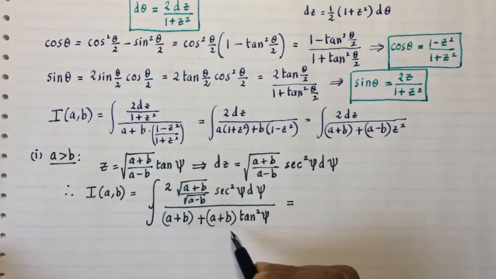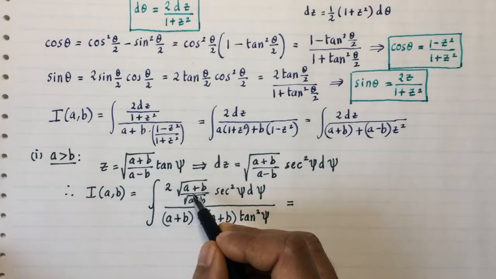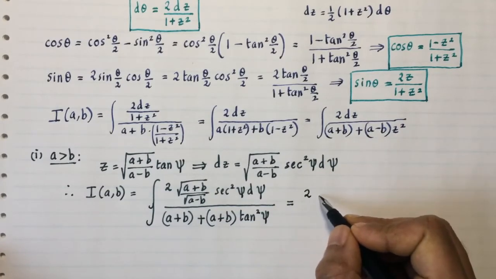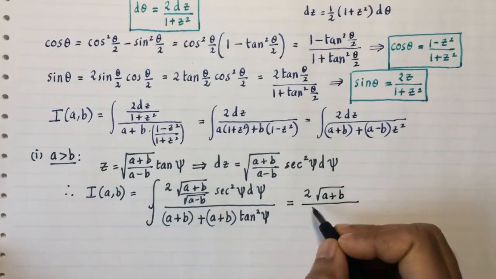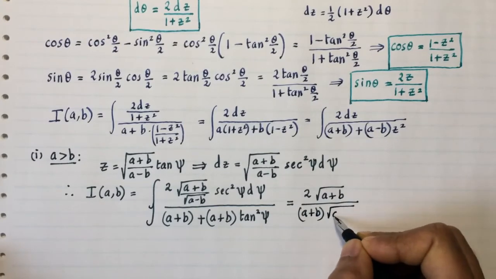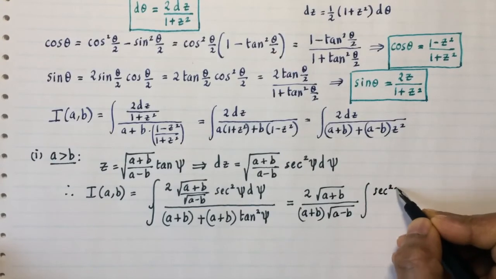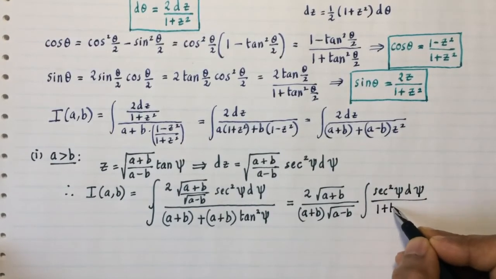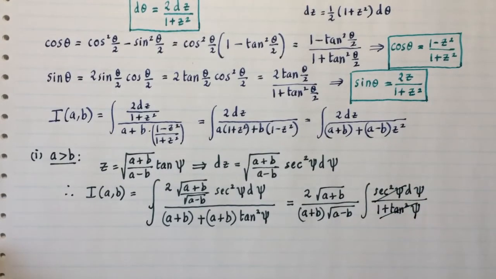One of the factors of a plus b in the denominator will cancel out the square root of a plus b there. So let me take a step to indicate that. And here I'm just going to get the integral of secant squared psi d psi divided by 1 plus tan squared psi. And as I said, those two things are the same.